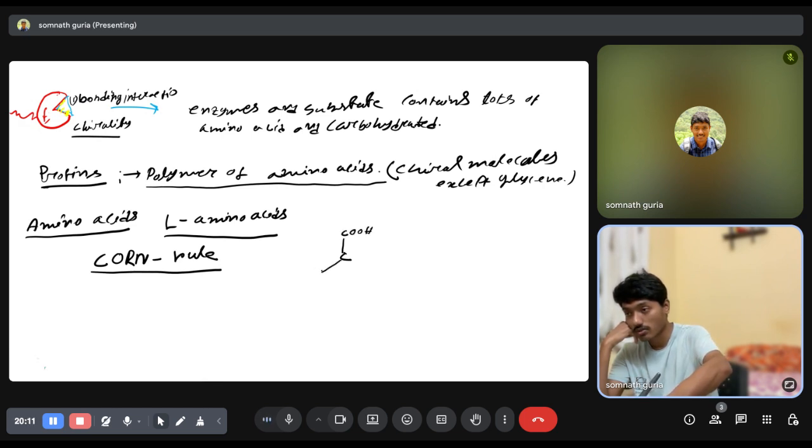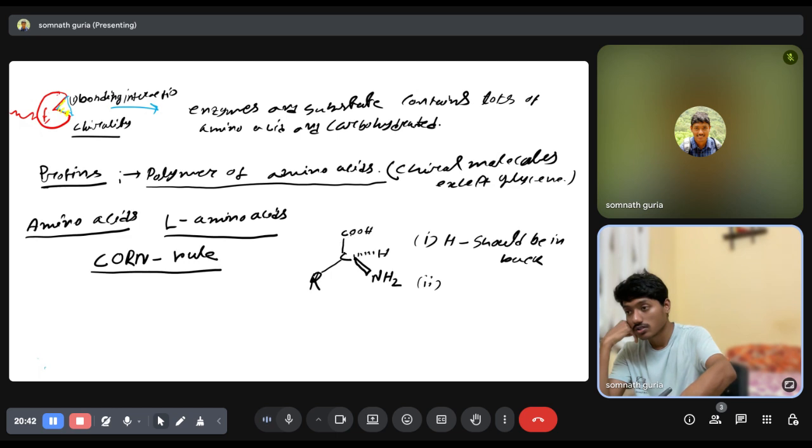This will be my R group over here. This one will be the hydrogen, and this one will be my amine group. And the CORN rule always says the hydrogen should be in the back, second will be my CO. This will be the CORN.